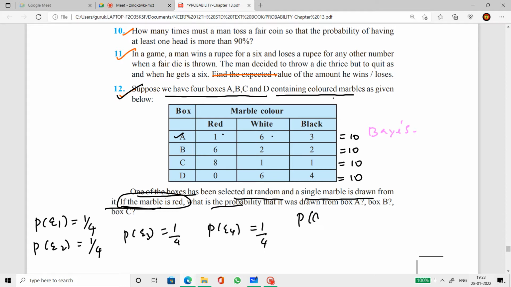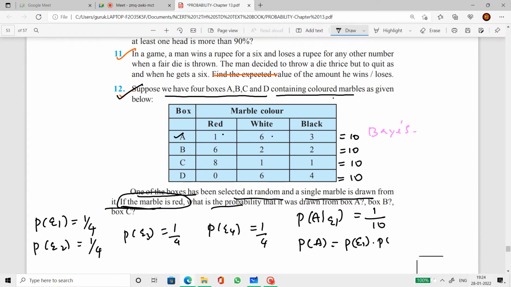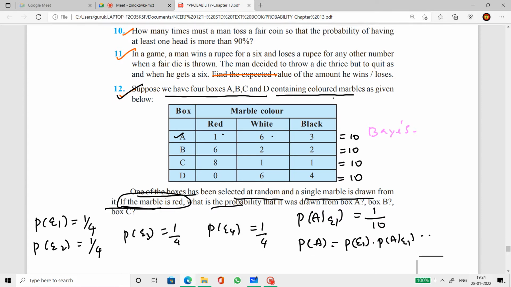P of A given E1, A is selecting a red ball from box 1. It contains only 1 red, so 1 out of 10. So the total probability of drawing a red ball from whichever box it may be is, as usual, P of E1 into A given E1, and so on till P of E4 into A given E4. And the numerator, we will have to deal with separately for box A, box B and box C. Okay? So that's question number 12.